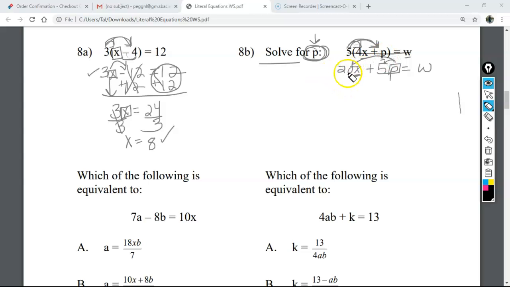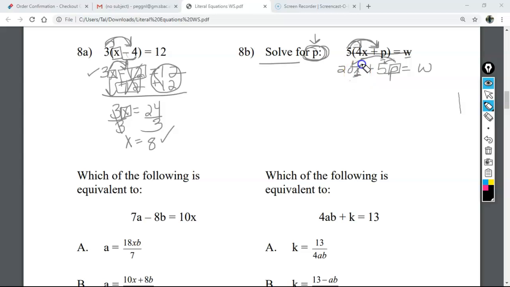And here's something we haven't seen just yet. We have 20x, which normally would look like divided out, but we don't do that here because the p is what we're solving for. So just like over on 8a, we had a minus 12 and we would have done plus 12, the opposite.